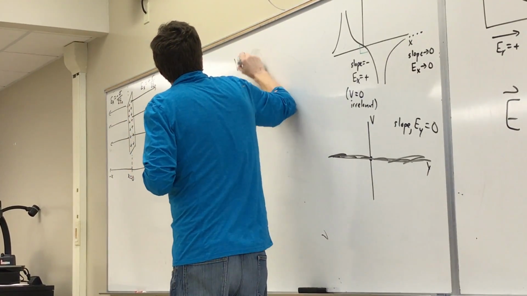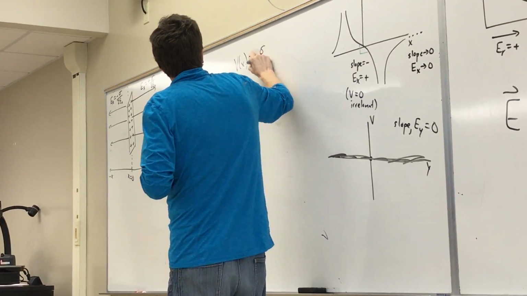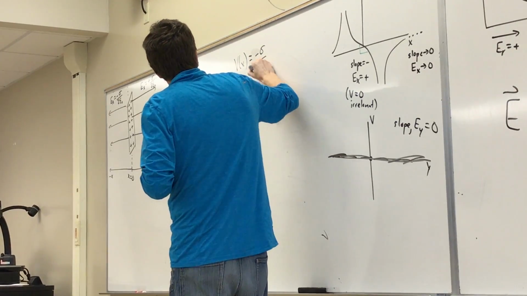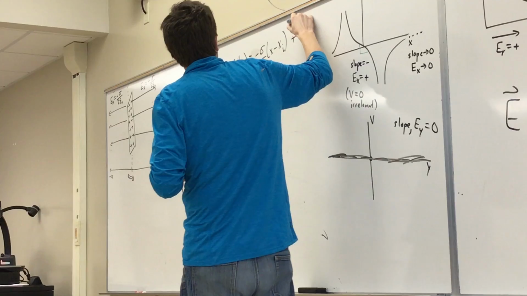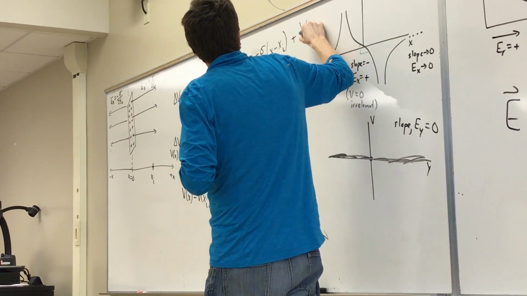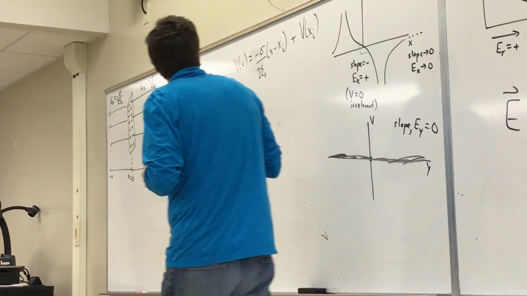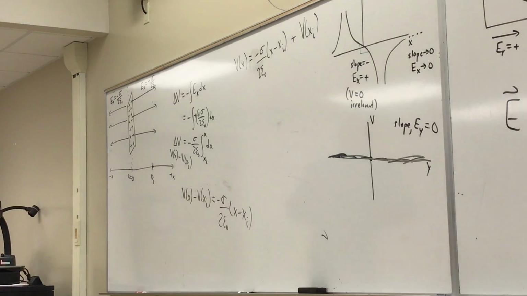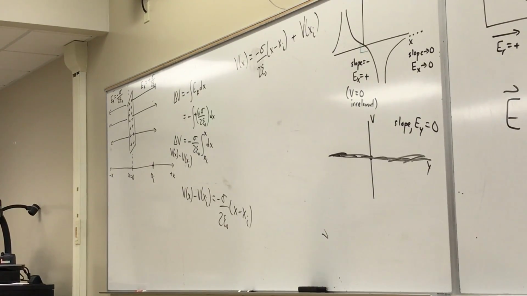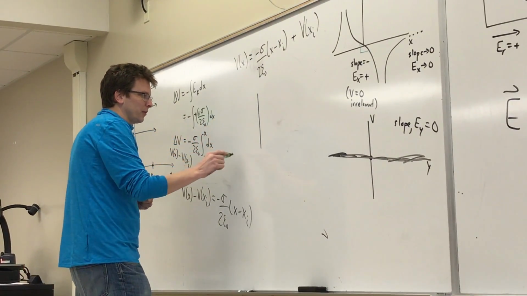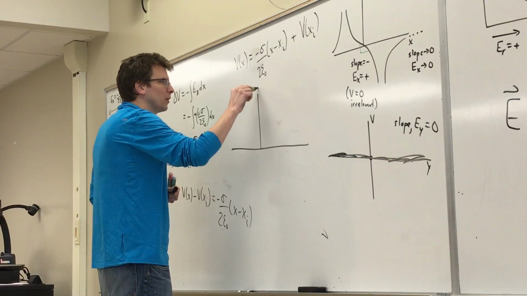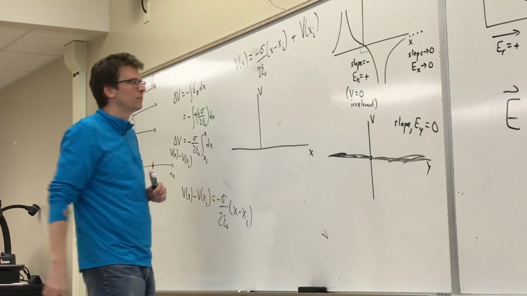So your voltage as a function of x, I'll just move the initial term over the other side. It's essentially going to be something like y equals mx plus b. Now, what does it look like? Let me draw it for you. V versus x.